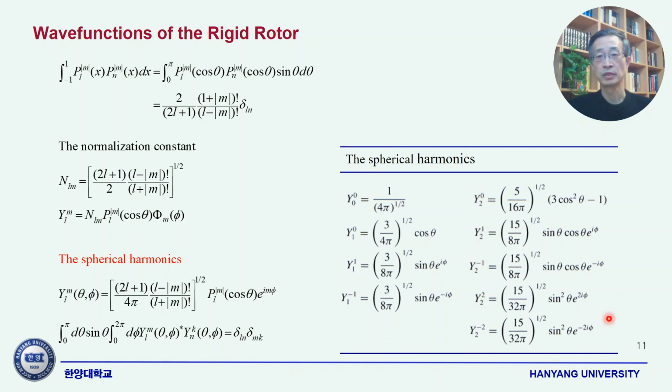That's the way we have the spherical harmonics defined. This is a solution for the rigid rotor, and it will also be used to obtain the solution for the Schrodinger equation of the hydrogen-like atom. So this is the theta and phi part of the solution for the hydrogen atom.